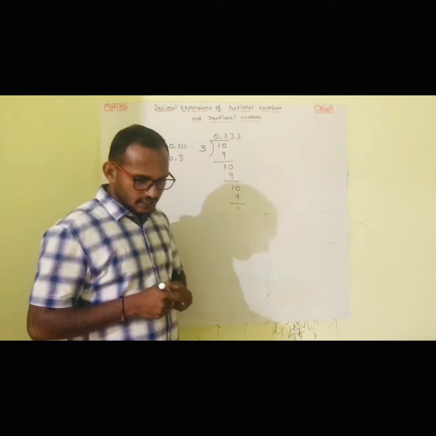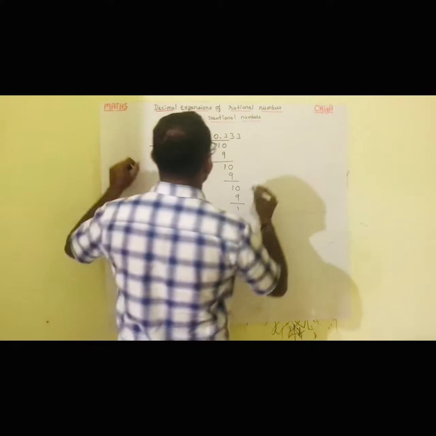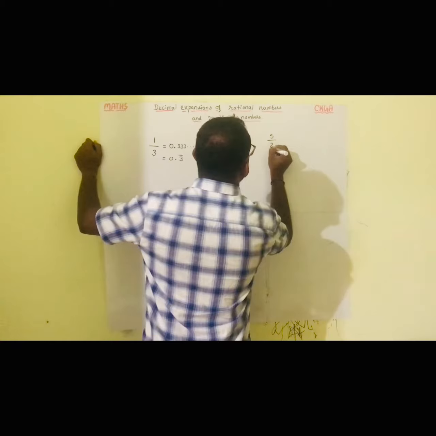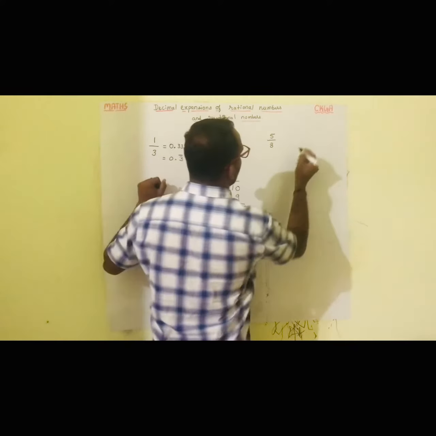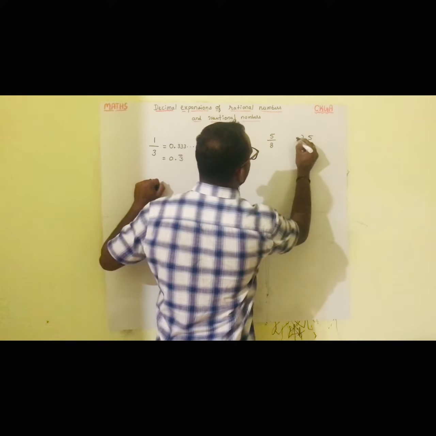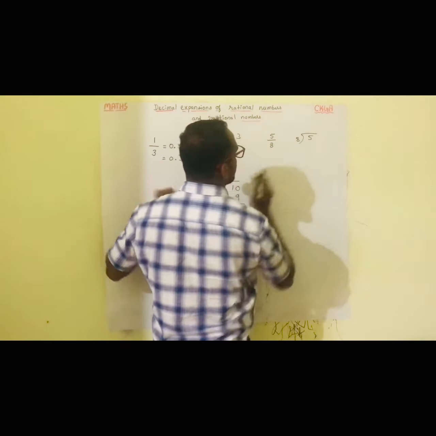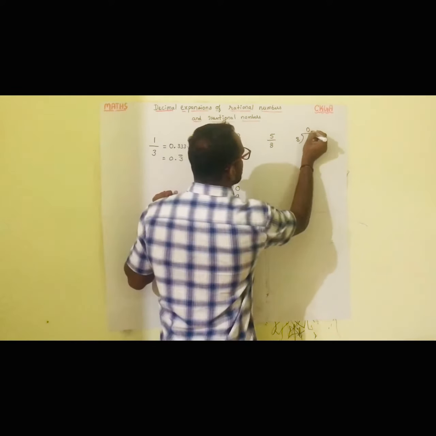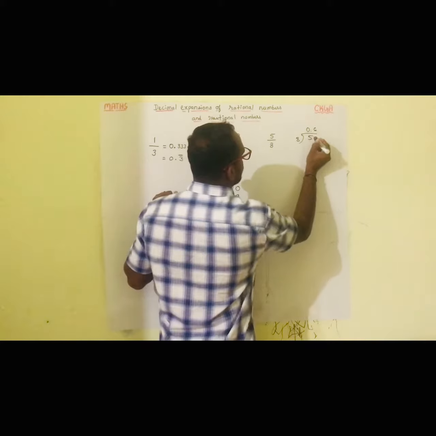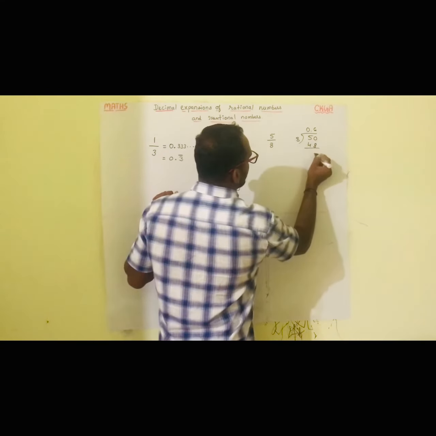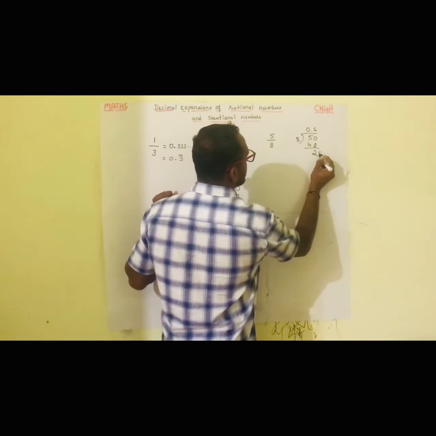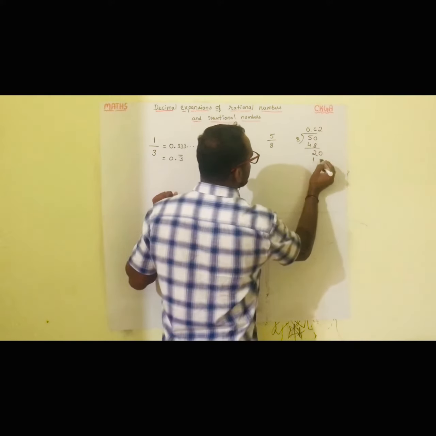So let's get into another one. I'll take 5/8. I will try to divide 5 by 8. I know 5 will not be divisible by 8, so I will go for 0. 8 6s are 48. Again 2 is going to remain. You can take 0. 8 2s are 16.